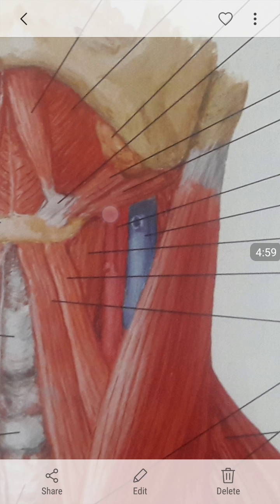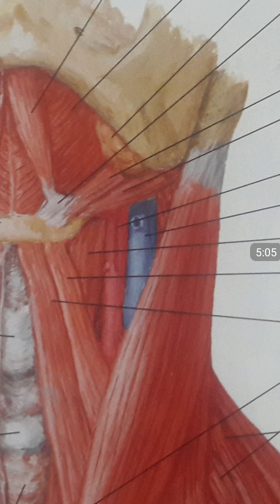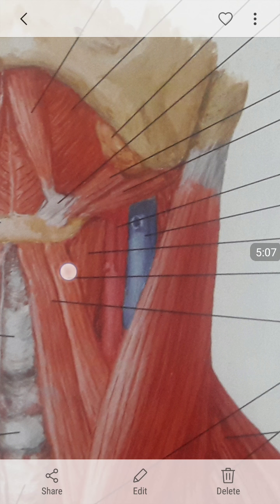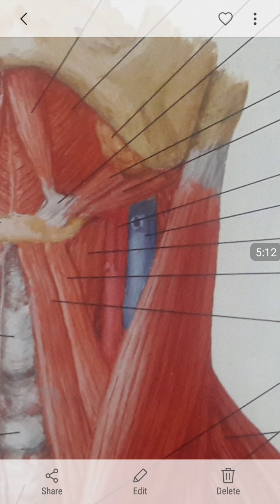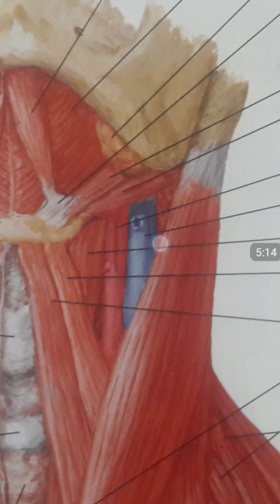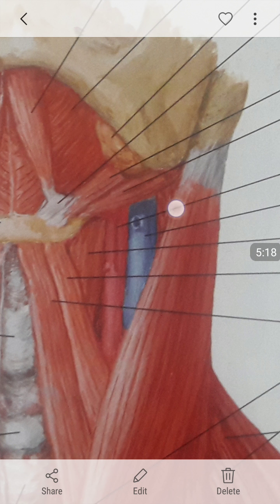Now we have another triangle called the carotid triangle. This carotid triangle has certain boundaries. The anterior border is formed by the superior belly of the omohyoid muscle, and posteriorly it is bounded by the anterior border of the sternocleidomastoid muscle.